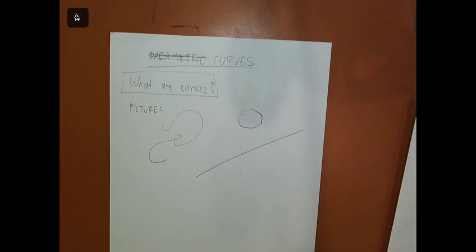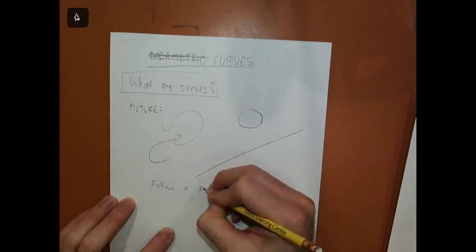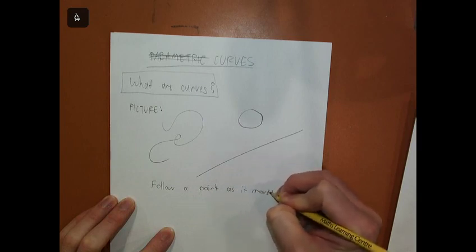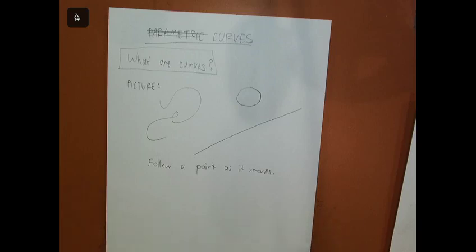So basically, when you draw a curve, you are following a point as it moves. The pencil point is your point, and it moves along the paper, and you follow that as it moves, and it leaves a track on the paper, which is the curve. So I'm just going to write that bit down. As it moves. That's a curve. And that's the idea of this parametric that they're talking about.